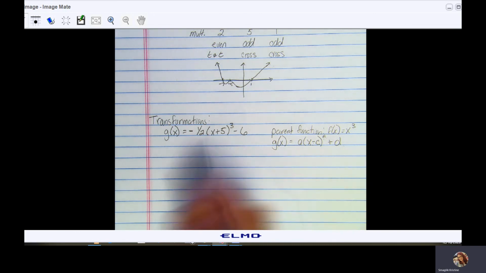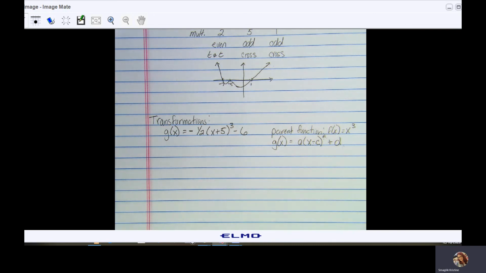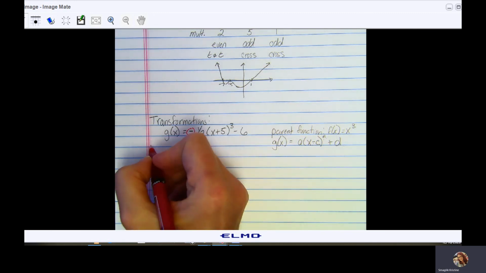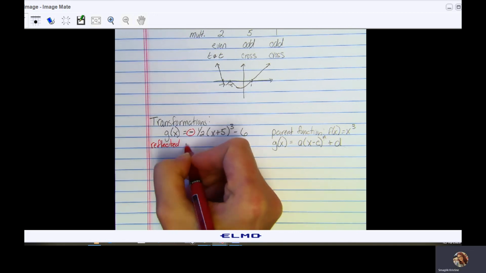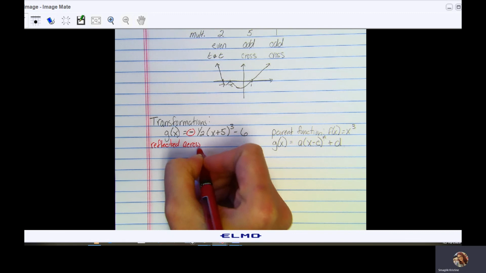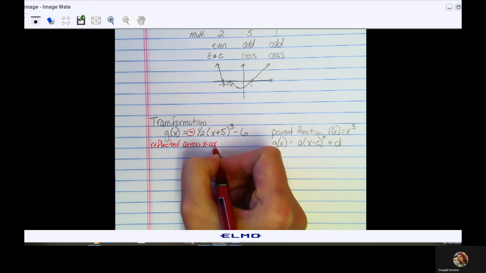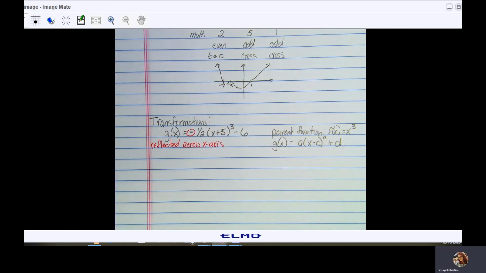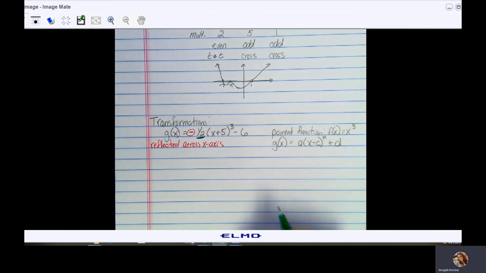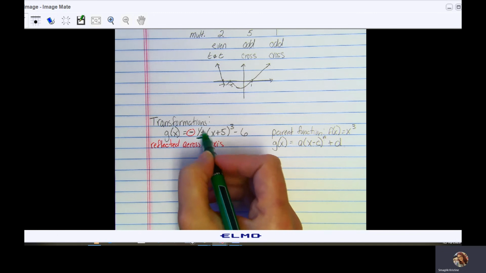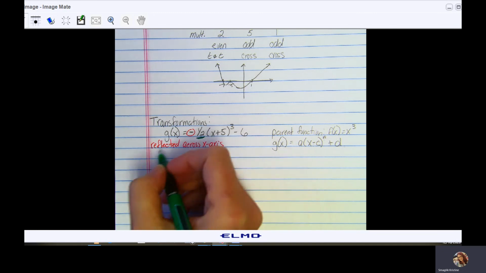So now let's take a look at what we've got here. Right off the bat, there's a negative. This is reflected across the x-axis. Here, I have 1/2. That's another a value. That's a compression.